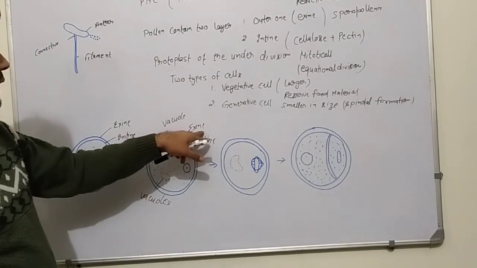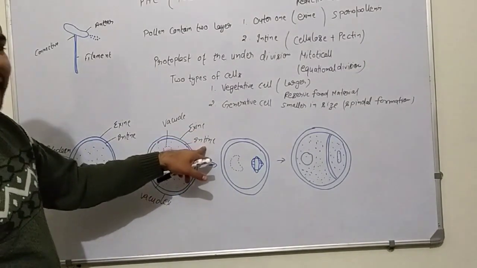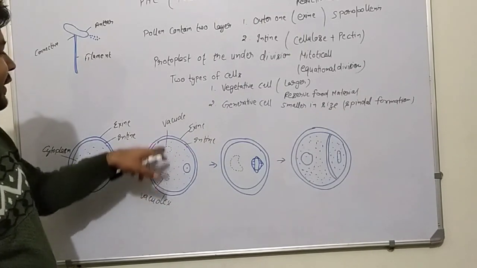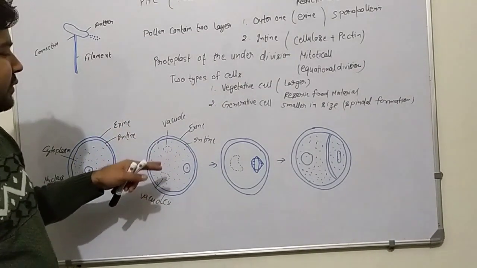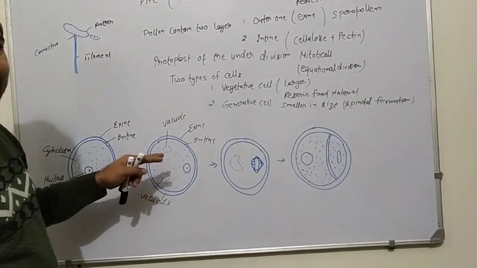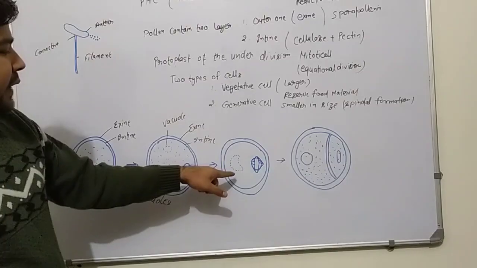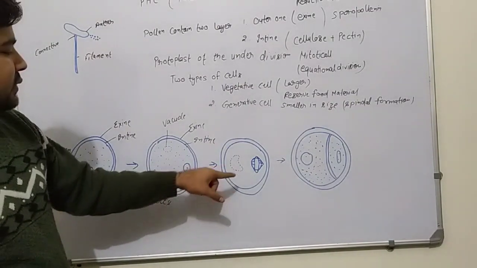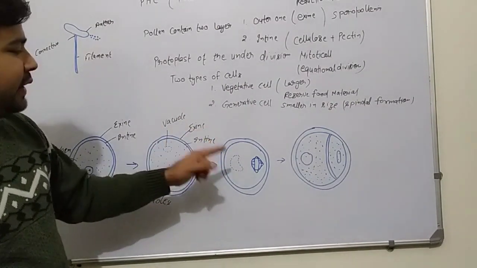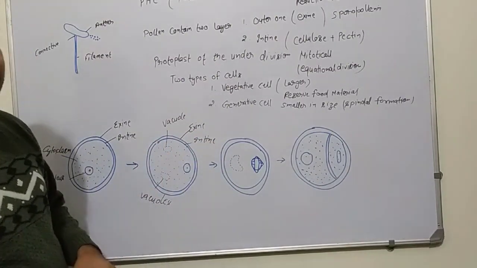This is the outer layer, exine. This is the inner layer, intine. And that is the vacuoles which help the pollen grain in enlargement and cell division. In this structure, the vacuole gets more and more enlarged, which helps in the pollen division.